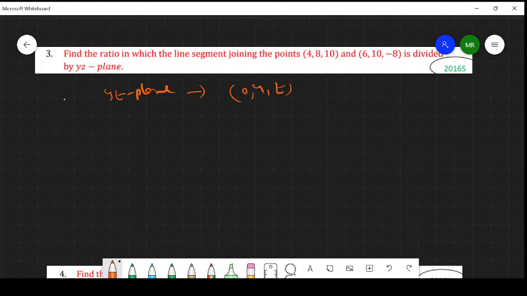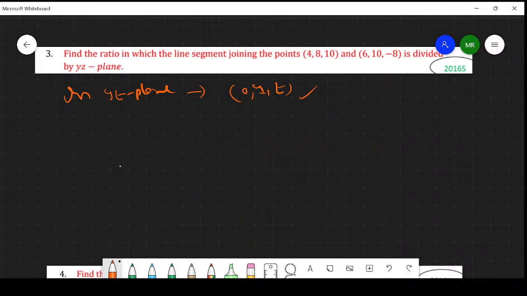Remember, they are talking about the YZ plane. They are asking the ratio in which the line segment is divided by the YZ plane.